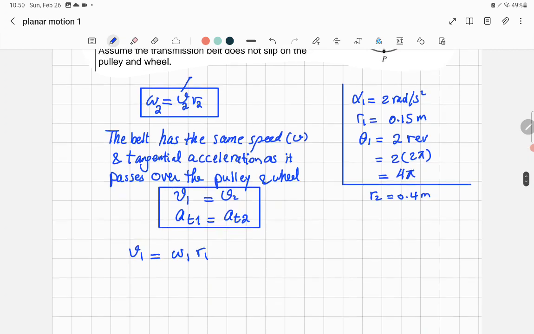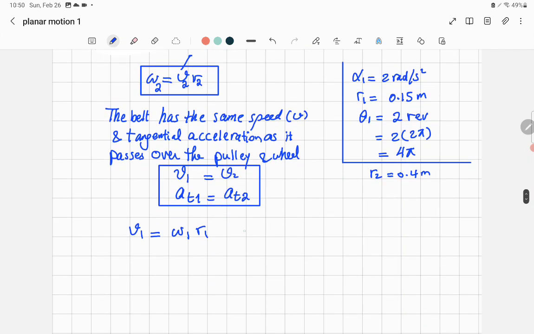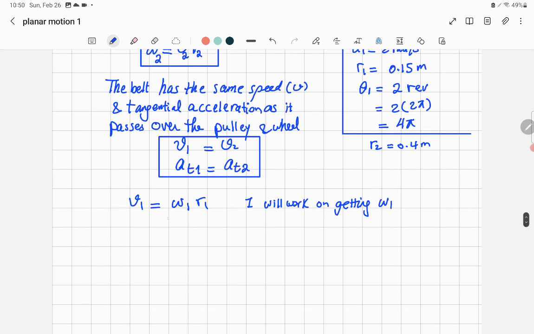I said, okay, so now we can work on getting omega 1. I know that omega 1 will be omega initial plus angular acceleration times time.